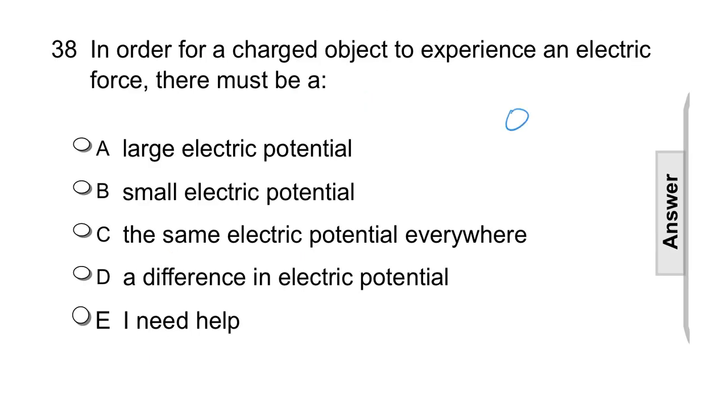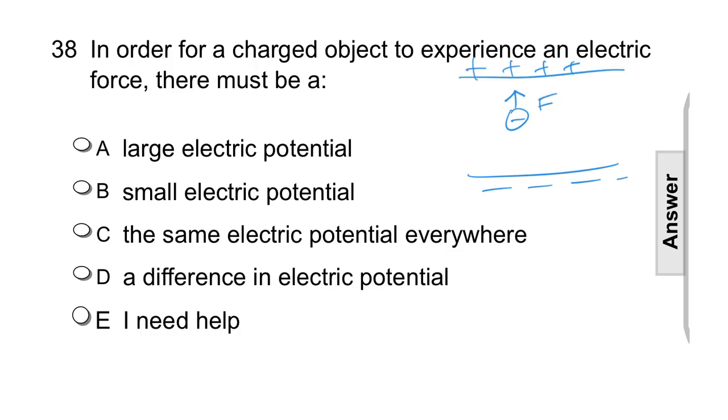Okay, so here's a charged object. Let's say it's positive. It is not going to move. It is not going to experience an electric force and move unless there's a charged object next to it or near it. So this will experience a force.